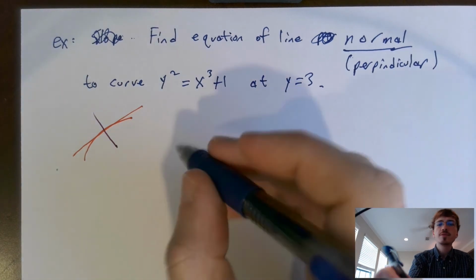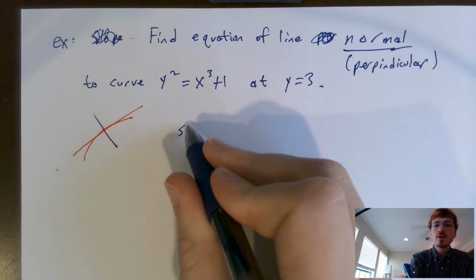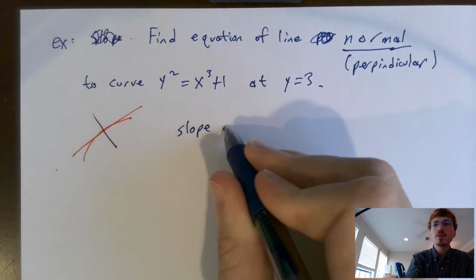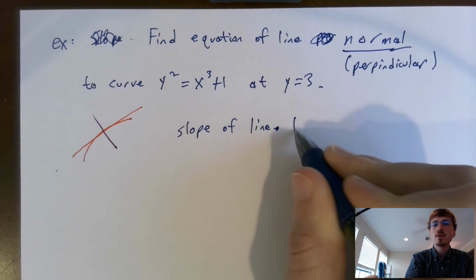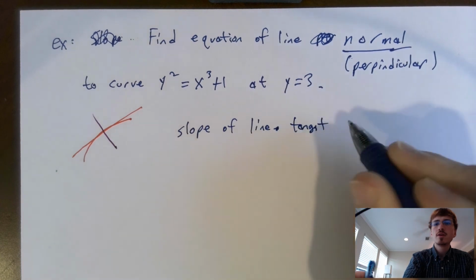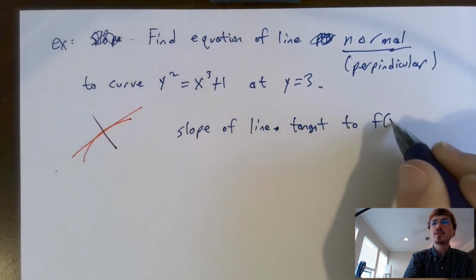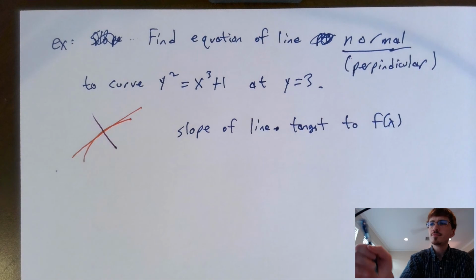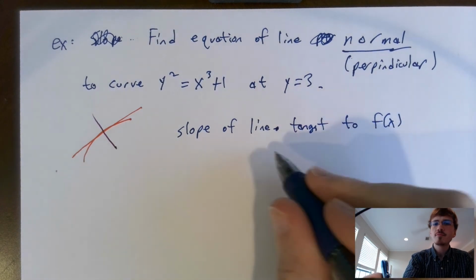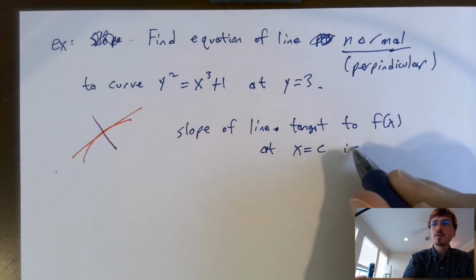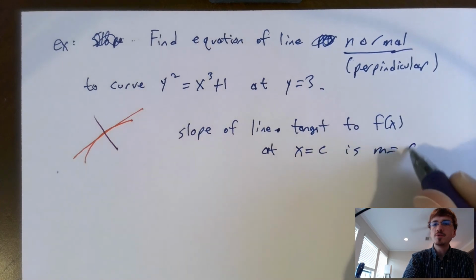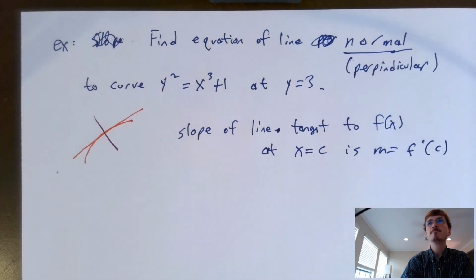So, if the slope of the line tangent to f(x) at x equals c is m equals f'(c).